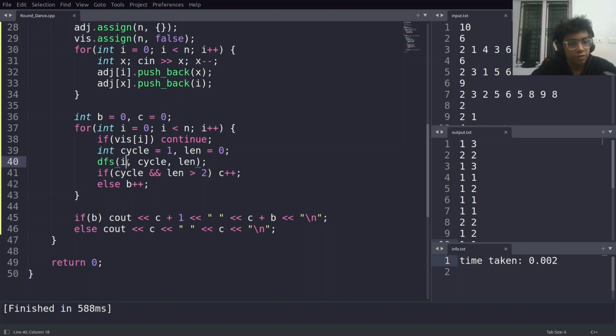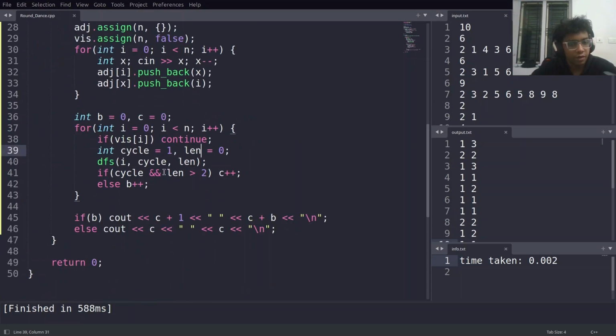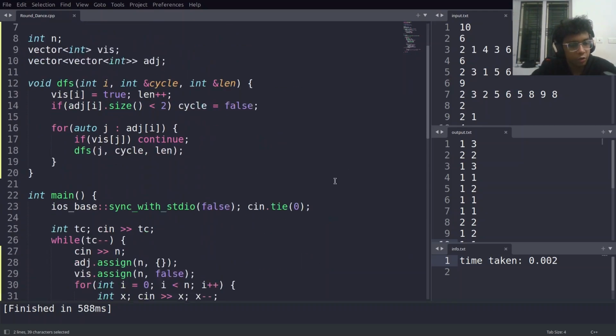We're going to do a DFS on i, which is going to mark this component as visited, and it's also going to mark whether it's a cycle or not. We're also checking the length of the component, because if we have a cycle of length 2, then obviously we should not count that. That is simply a bamboo, right? Let us have a look at the DFS function.